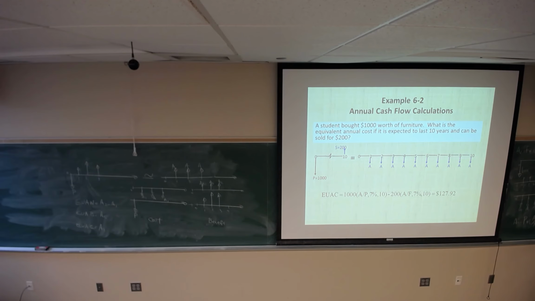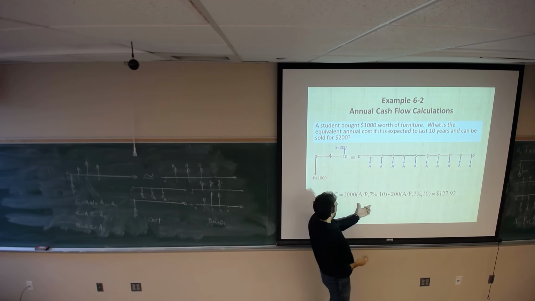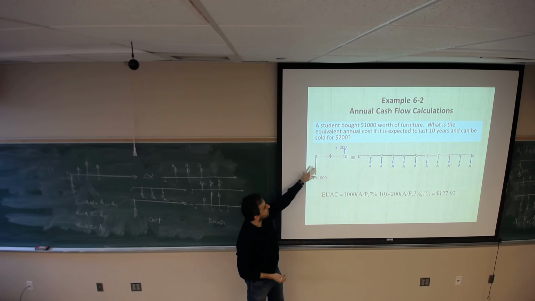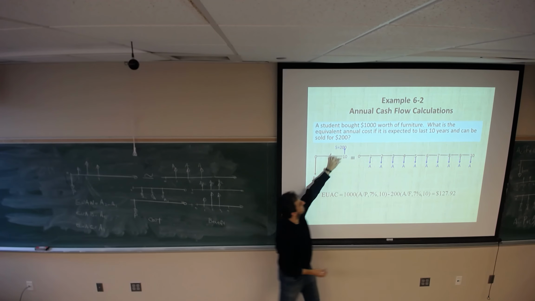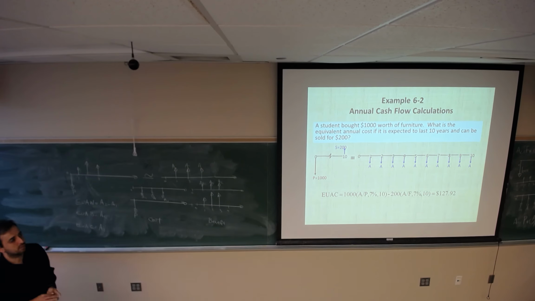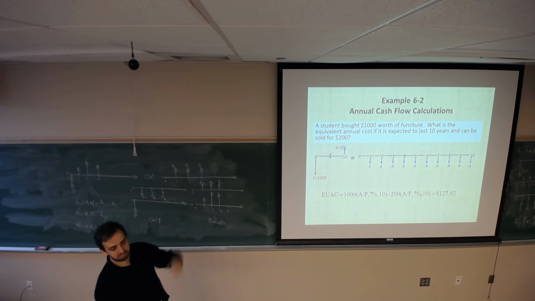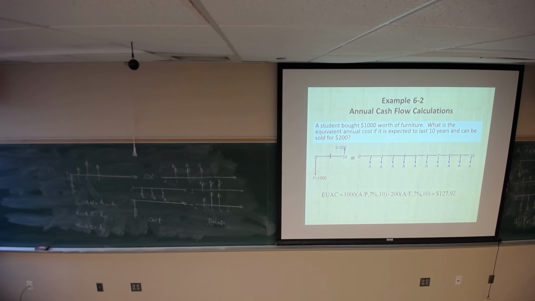Then you are going to end up with negative 127.92. Just switch these two. My point is, I know that the cost is always negative, but if your alternatives have only cost, which is here, just one salvage value, a small benefit, and you don't want to work with negative numbers, use a positive sign for the cost. But again, you can use the other, and you get the negative value for the EUA value.